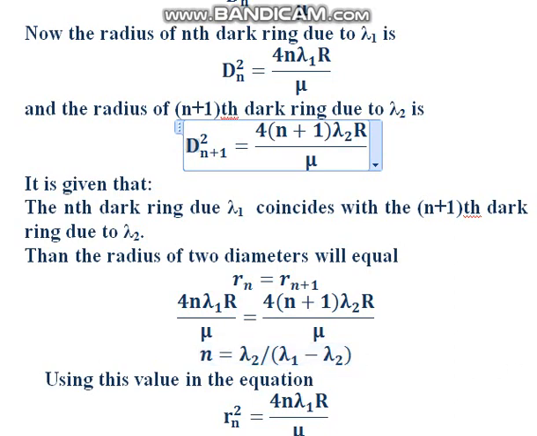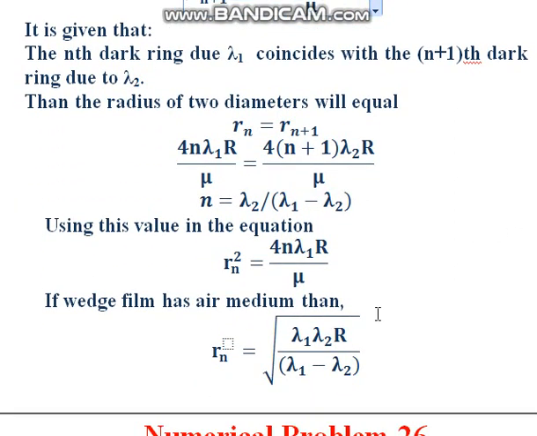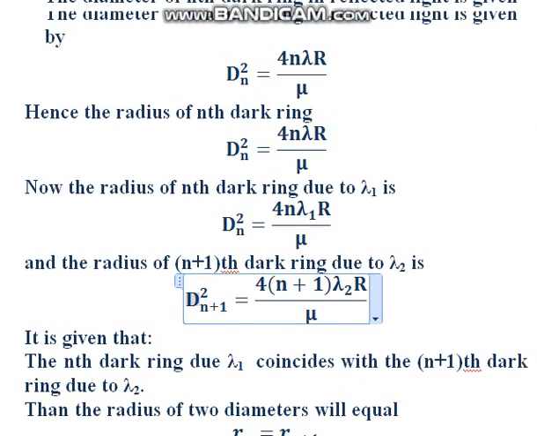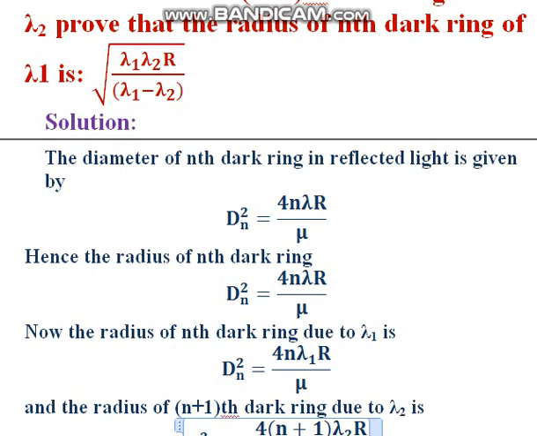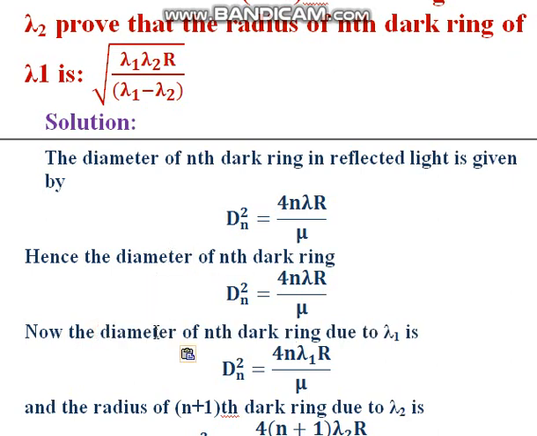Now put this value here, and in this way you may obtain the radius of the ring which is overlapping, one for lambda 1 and the other for lambda 2. I think there is some mistake here: this is the diameter, this is also the diameter.